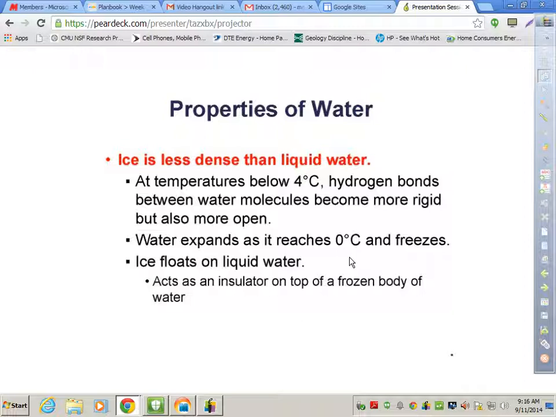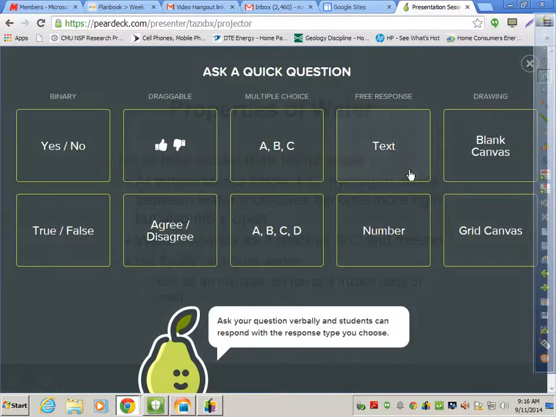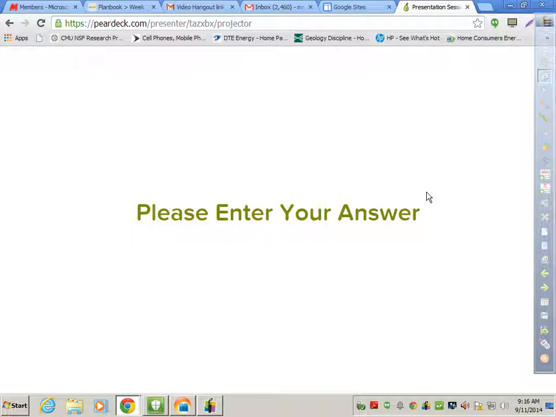Why does ice insulate water? I want you guys to tell me why ice insulates water, right? So, you guys, why does ice insulate whatever's beneath it? Why?